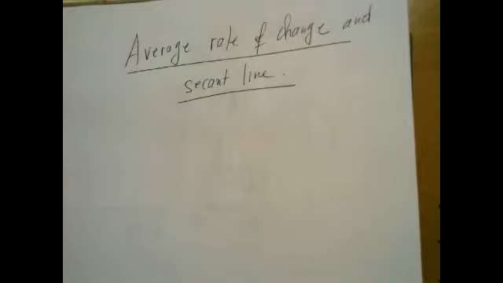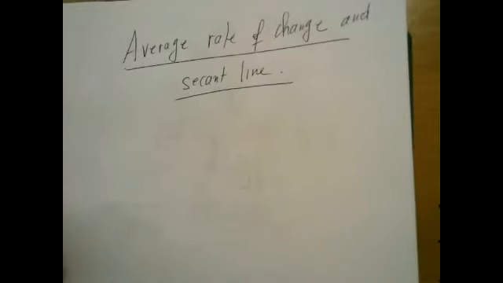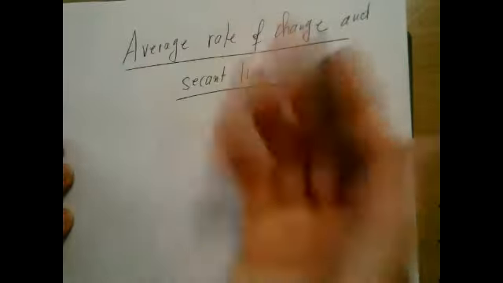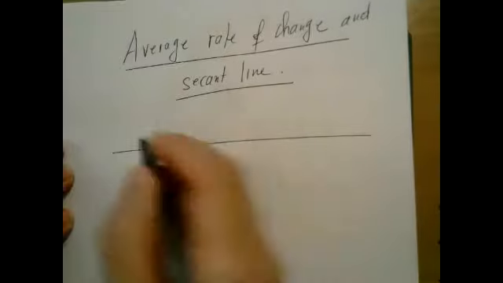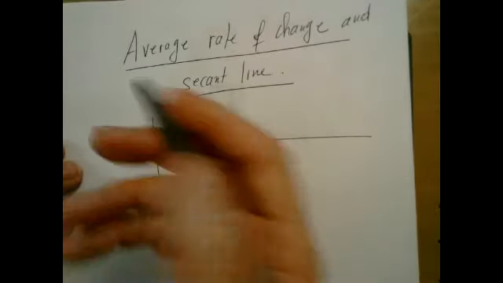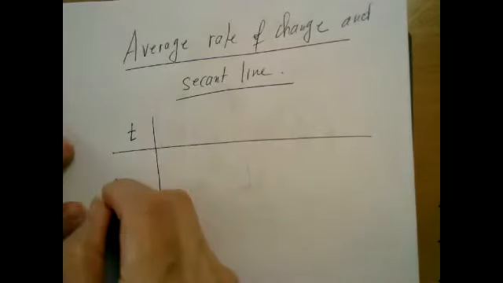Okay, so before we take the formal definition, let me give you a very straightforward example why this idea is really important. So suppose I have a town that I make up, and the population of this town is given by the following table.